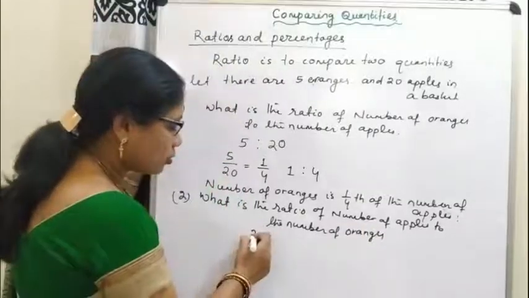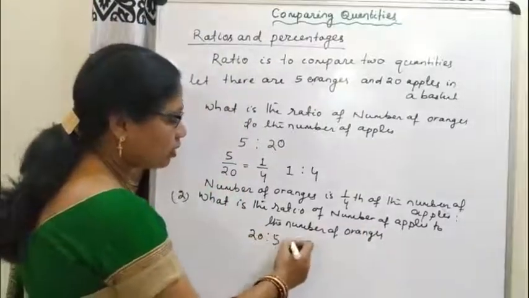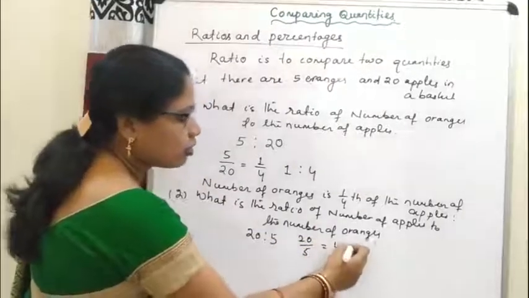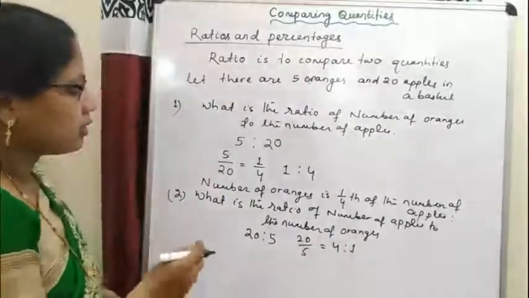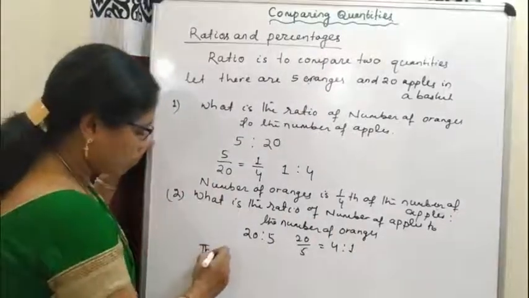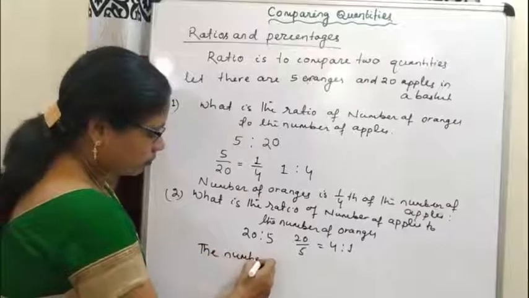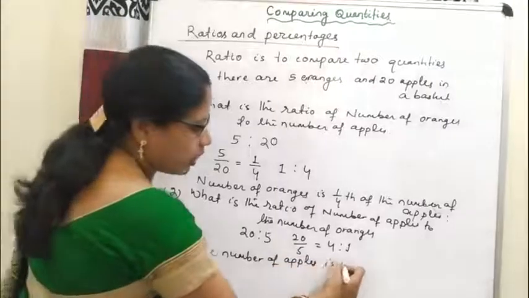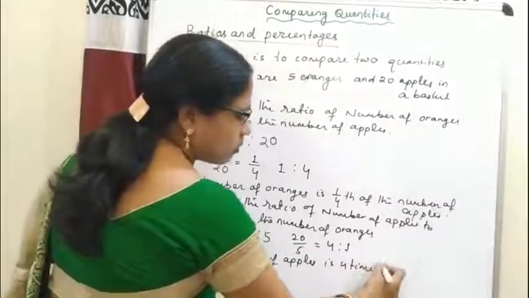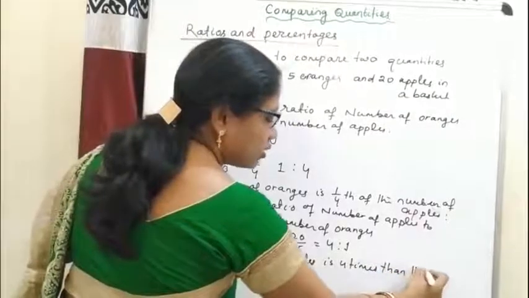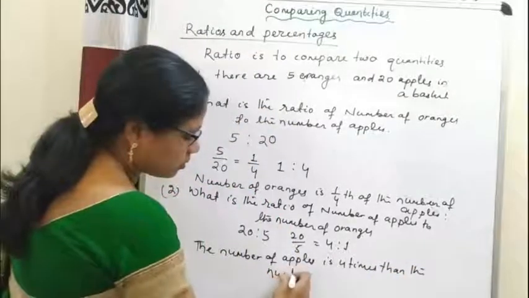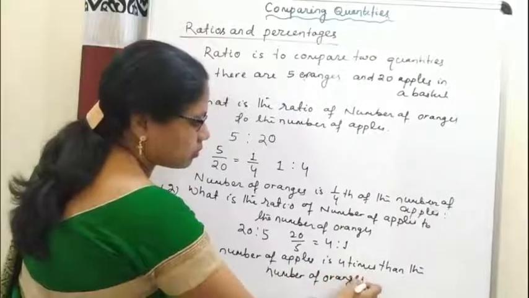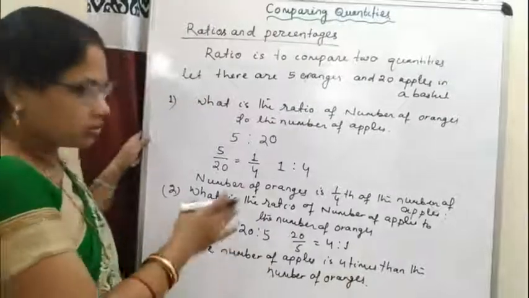It is 20:5, or this can be written as 20 by 5, that is equal to 4:1, or we can write it as the number of apples is 4 times the number of oranges. So these are all about ratios.